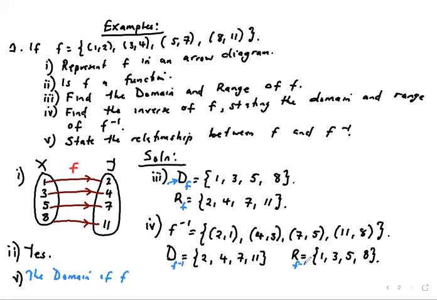The domain of F is the range of F inverse. And what else? The domain of F, as you can see, goes where? Comes here, is the range of the inverse.